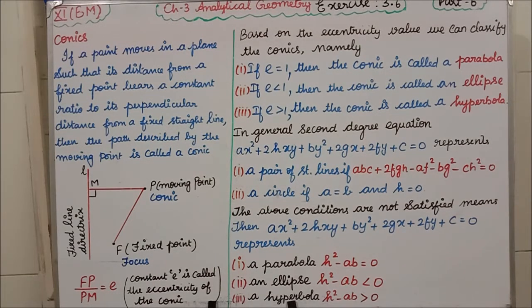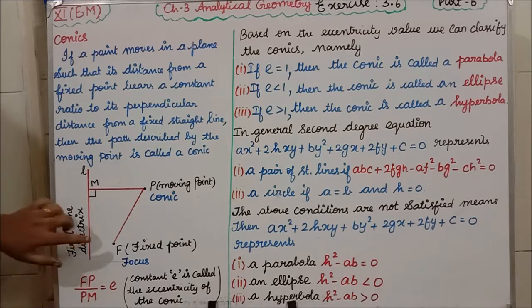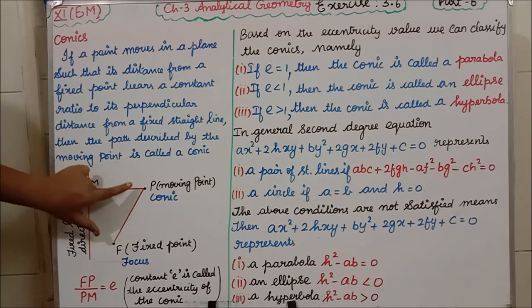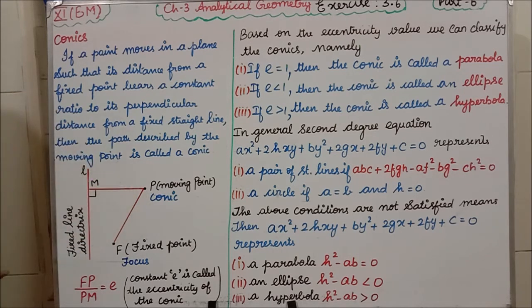Before going into parabola, one more time I am going to explain the diagram so that you will be very clear about what is a conic. Students, from this diagram you can understand the distance between the fixed point and the moving point, as well as the distance between the moving point and the fixed line.